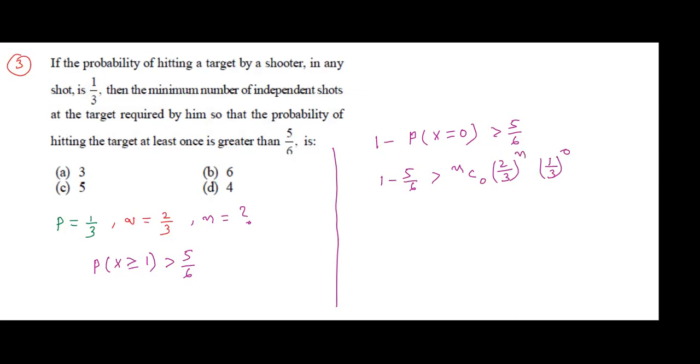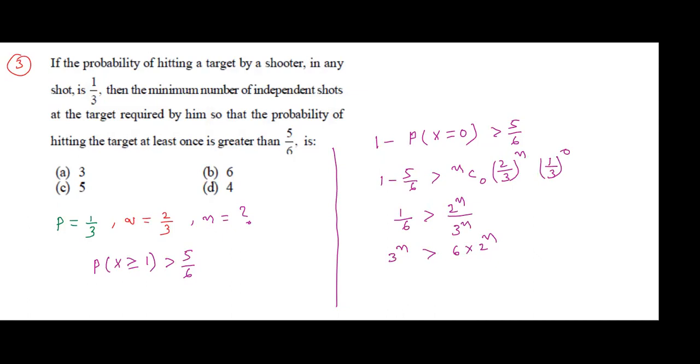Now calculate this. 1 minus 5 by 6 means 1 by 6 is greater than 2 power n divided by 3 power n. Take cross multiplication: 3 power n is greater than 6 into 2 power n. Now observe the least values 3, 4, 5, 6.